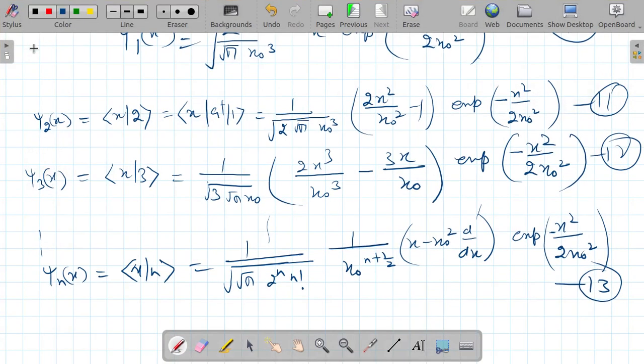And here the bracket is whole raised to power n, right?